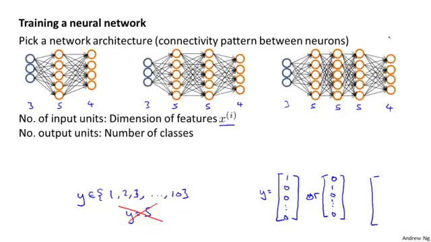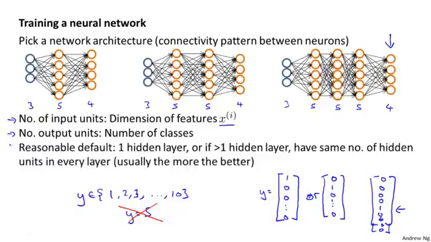Instead, at the output layer, which would have 10 output units, you would feed it a vector with a 1 in the 5th position, and then a bunch of zeros. So the choice of number of input units and number of output units is reasonably straightforward.